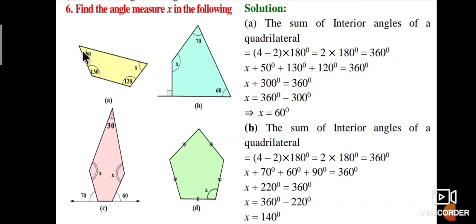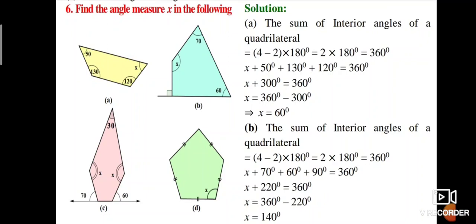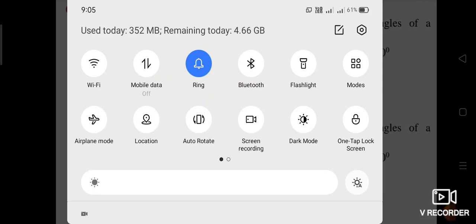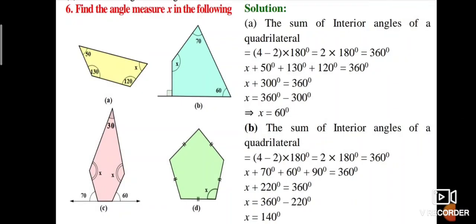One angle is 50, another angle is 130, the next angle is 120, and the next angle is x. We know that the angle sum property of a quadrilateral is 360 degrees.